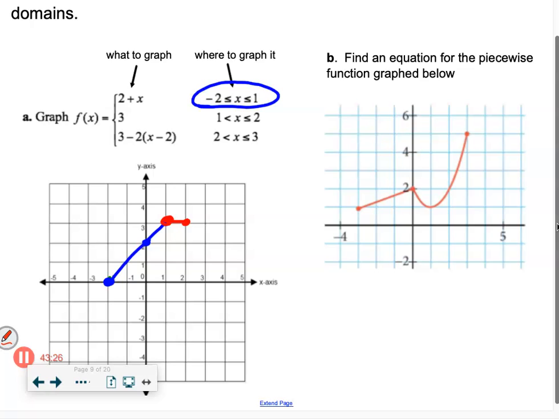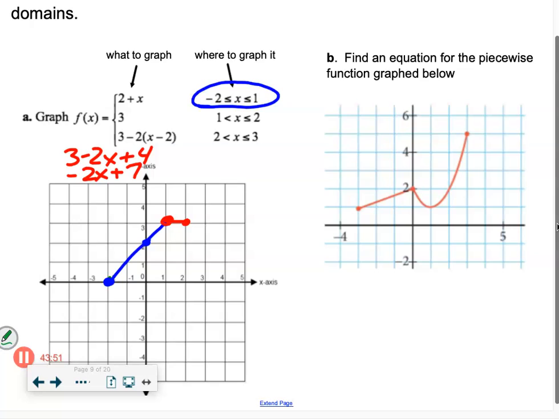All right, the last one, if we simplify this, is kind of a convoluted equation, right? So 3 minus 2x plus 4, so this is negative 2x plus 7. Normally if I was graphing negative 2x plus 7, I'd go up 7 and then go down 2 over 1. Except I want to start this at x equals 2.